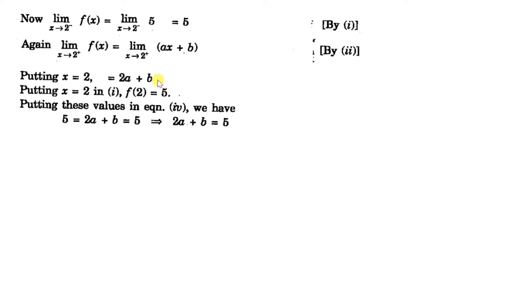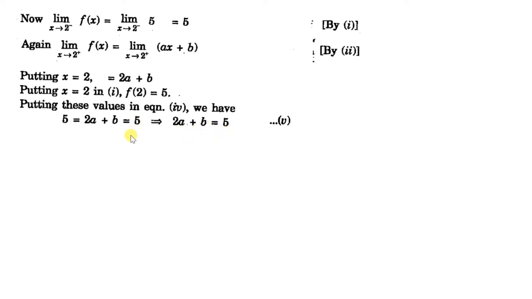Now we put the condition that left limit equals right limit equals the value of the function. So 5 equals 2a plus b equals 5. So we get one equation in a and b, that is 2a plus b equal to 5.